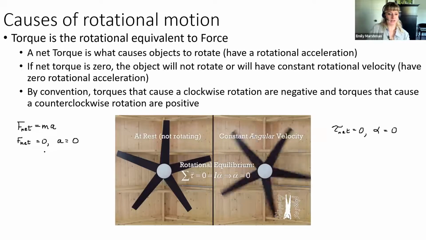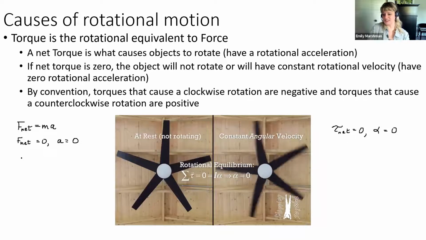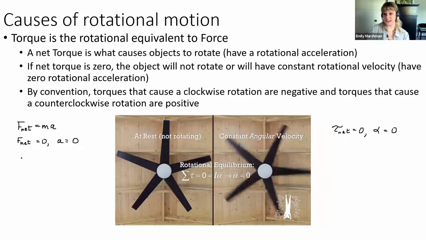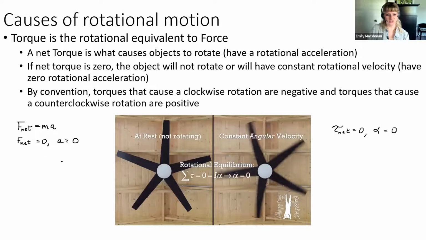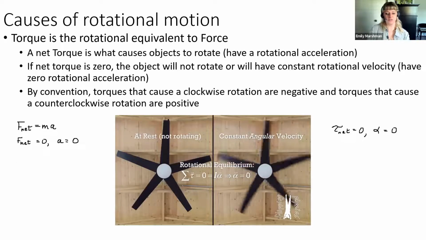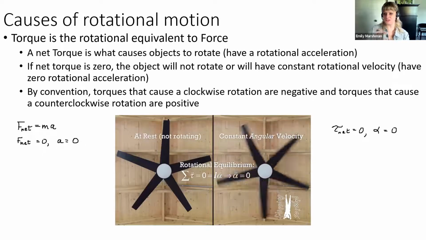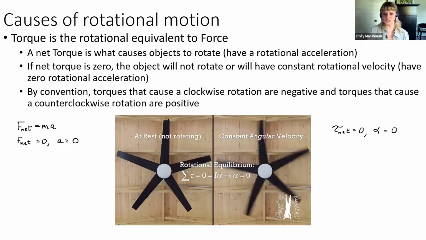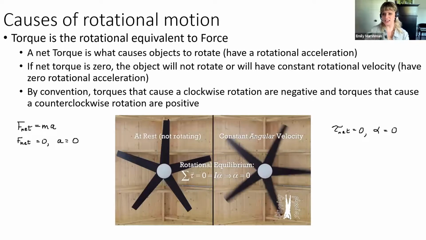It's kind of the same idea when you have two forces that are acting in opposite directions. You have to denote one of them with a negative sign to show that they're acting in opposite directions. Same thing with torque. If you've got two torques acting on an object, one trying to make it turn clockwise and the other trying to make it go counterclockwise, you have to take that into account.